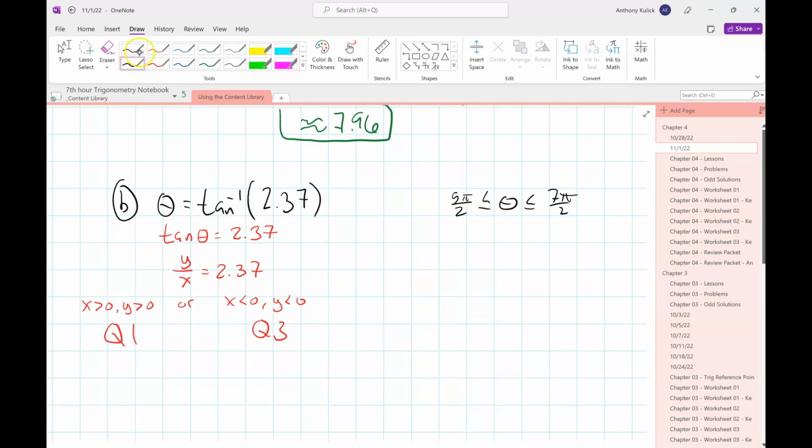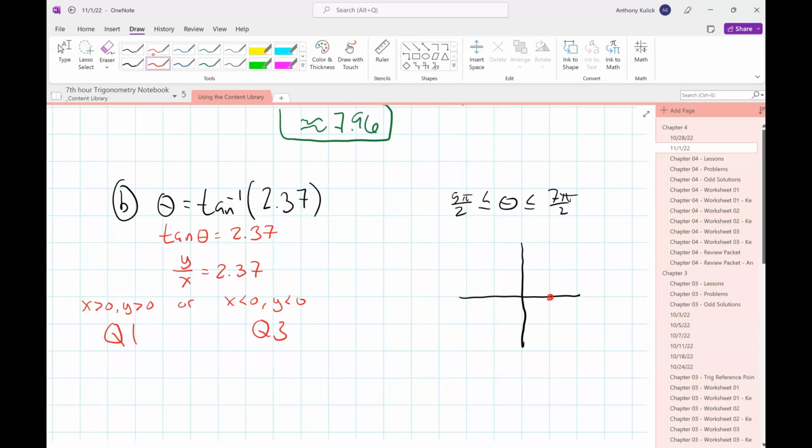Okay. Now let's figure out what quadrants are covered by 5 pi over 2 to 7 pi over 2. So again, we start our rotation on the positive x-axis because the two angles, 5 pi over 2 and 7 pi over 2, are positive angles.